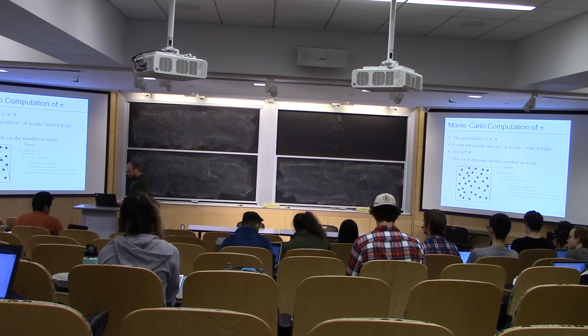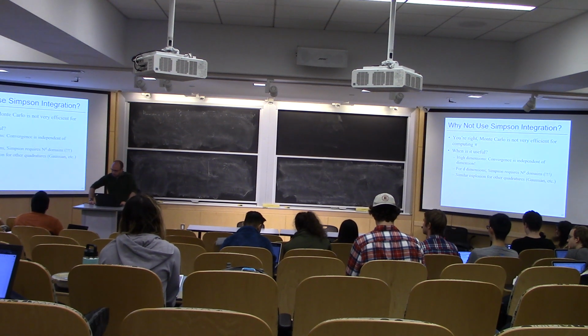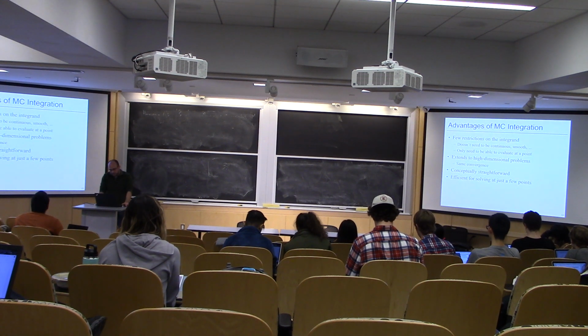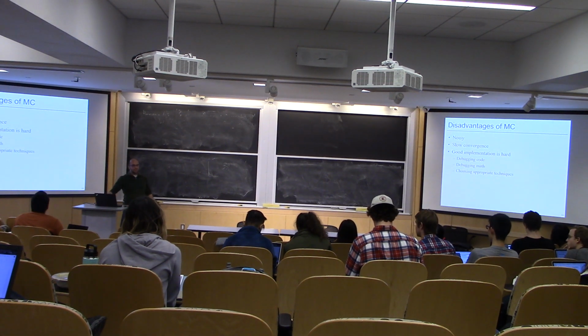And if I want to increase the quality, using techniques like Simpson's method or whatever is probably not the way to do it, because now it depends on dimensionality. So we kind of like this Monte Carlo stuff. The problem is just that it's noisy and slow, and so we'd like to improve that.